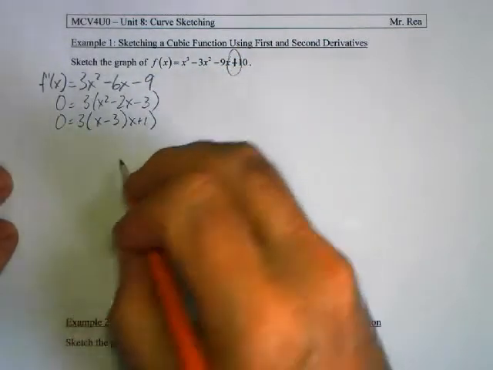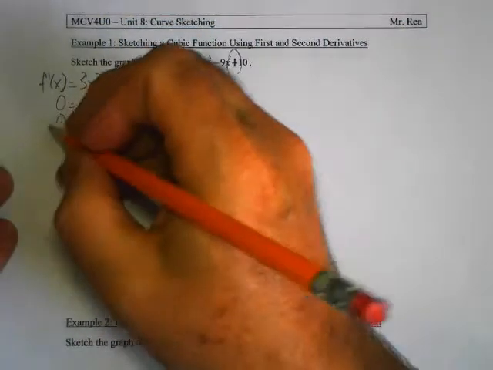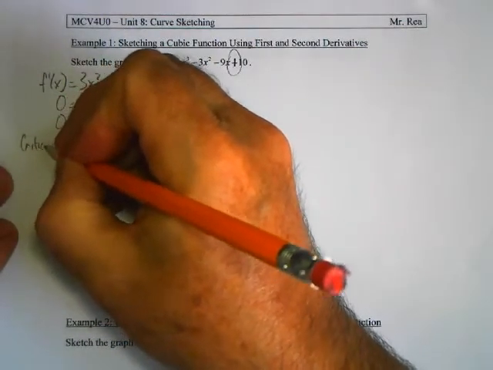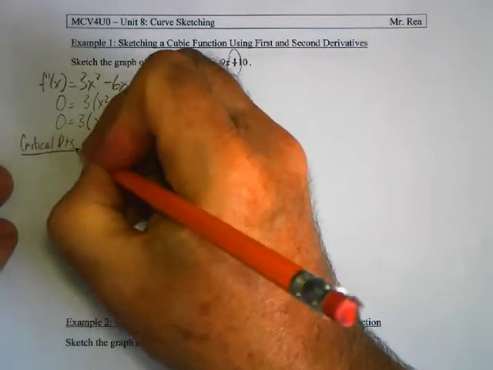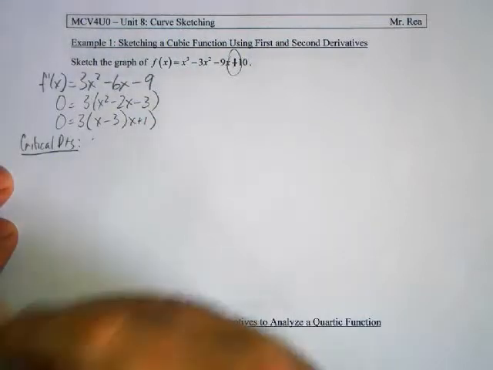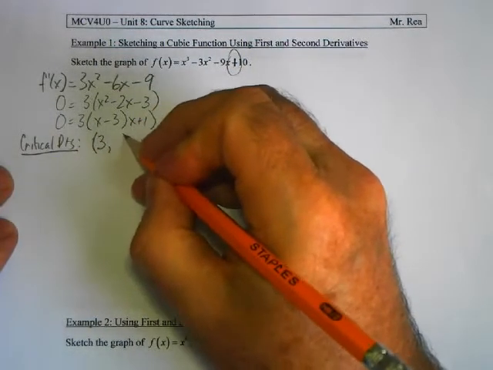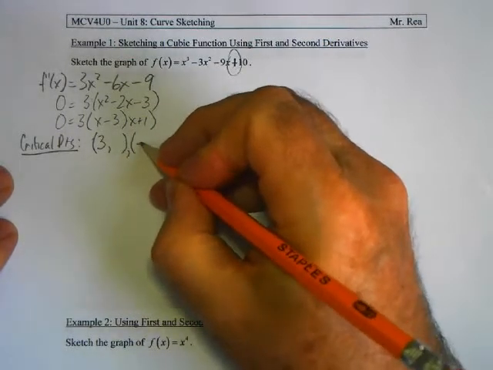And from that, I can see I'm going to have 2 critical points. I'm going to have one at x equals 3, and one at negative 1.